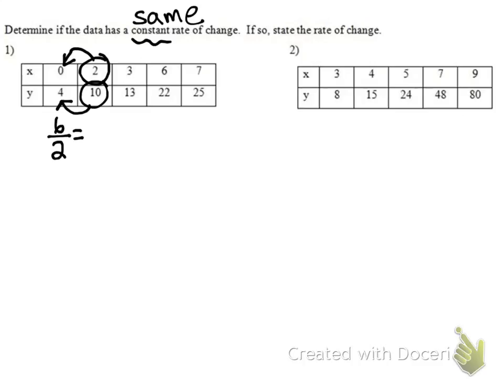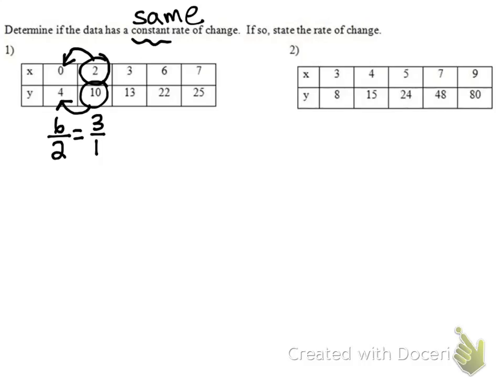If you put 6, A, B, C, 2, it will tell you 3. I'm going to write it as 3 over 1 because I want to see exactly what the x value is on the bottom. I don't want to just forget about it, okay? So the change in the x is a 1. The change in the y is a 3. So we have 3 over 1. If you would just put 3, I would not mark it wrong, but anytime I do it, I'm going to keep it as a fraction.